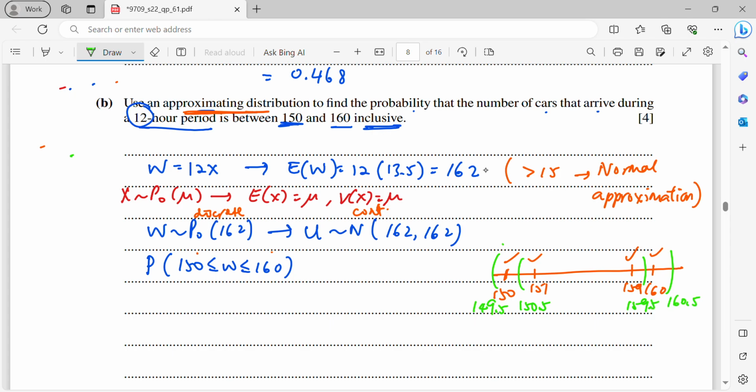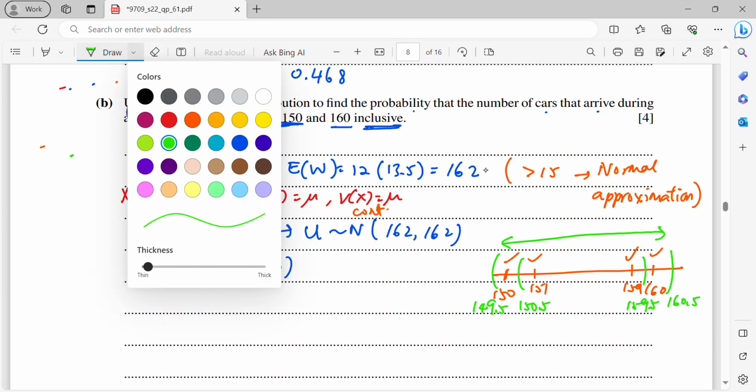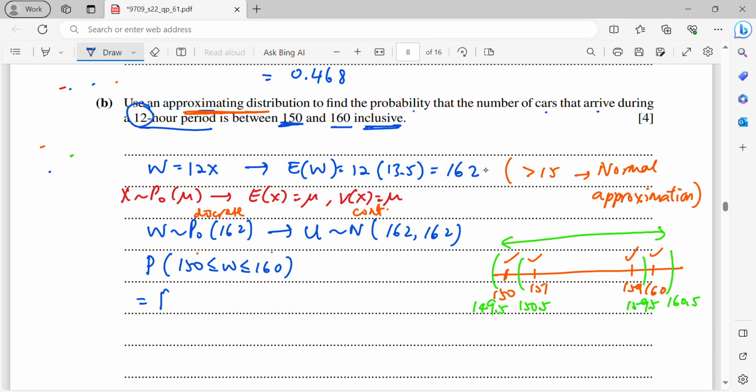So obviously I need to consider the larger interval, to include all the ticks. Therefore, I will write P(149.5 < U < 160.5), and then now I will standardize the values.